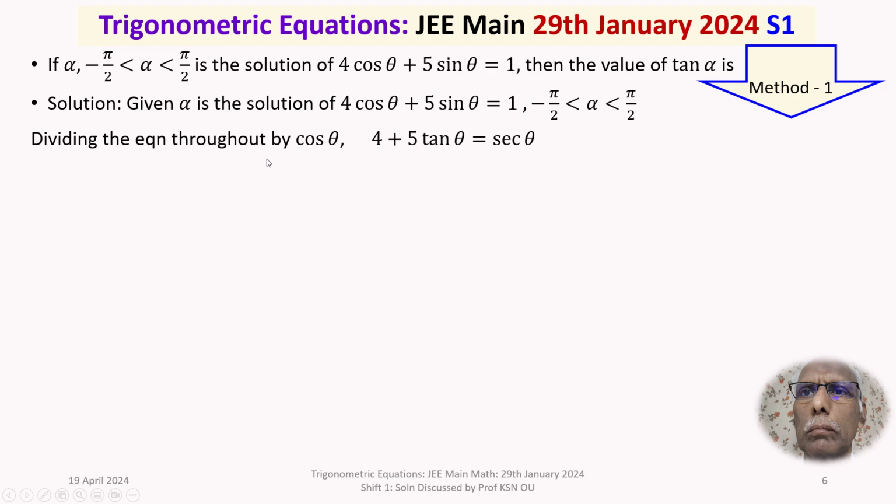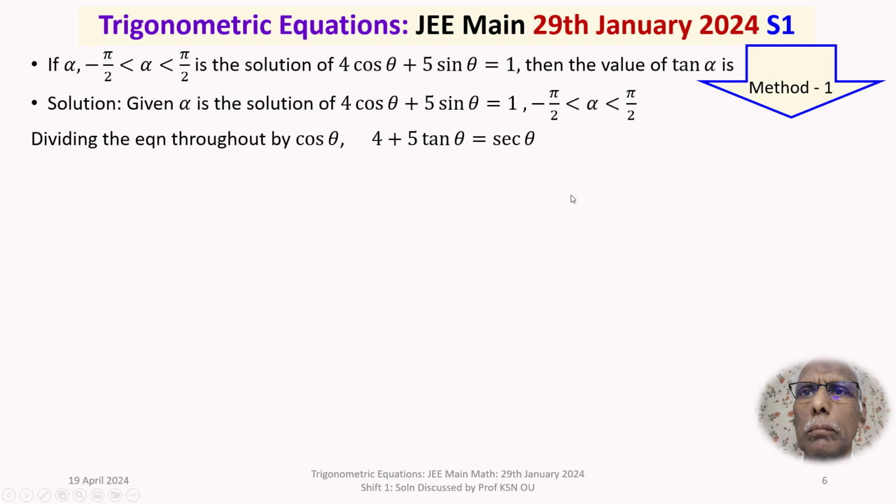Now we divide this equation throughout by cos theta, then we get 4 plus 5 tan theta is equal to secant theta. The division by cos theta will not pose any problems because minus pi by 2 and plus pi by 2 are not included in the interval.